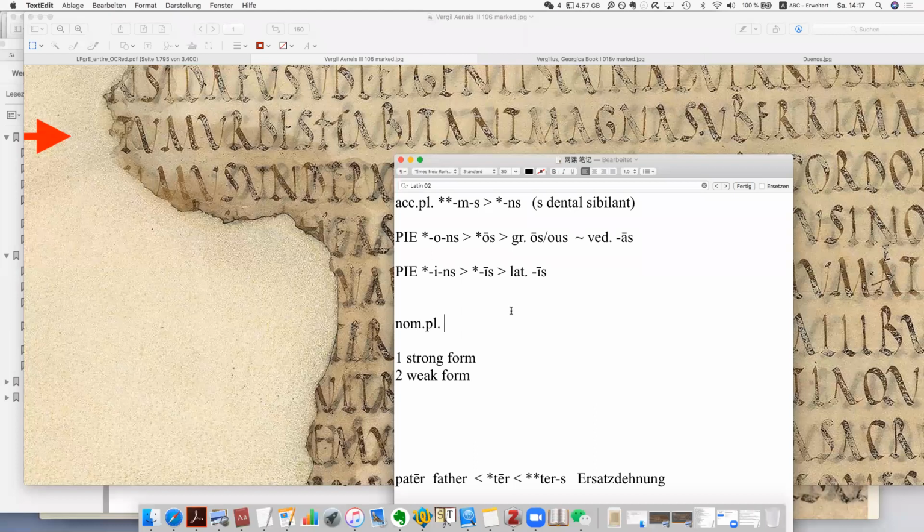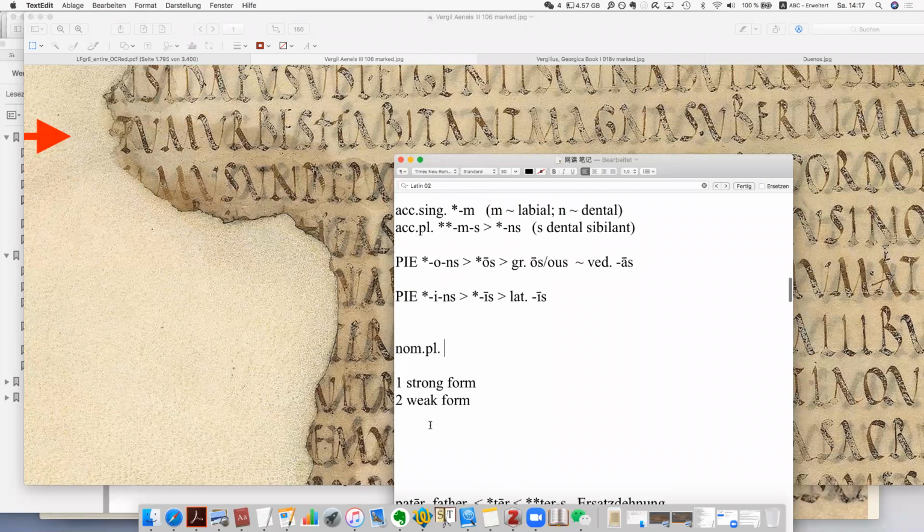Great. Yeah. Nominative plural is strong form. And then the second question. Accusative plural, weak or strong? Accusative plural. Weak. Yeah. Great. Accusative, so this is strong, right? And this is weak.